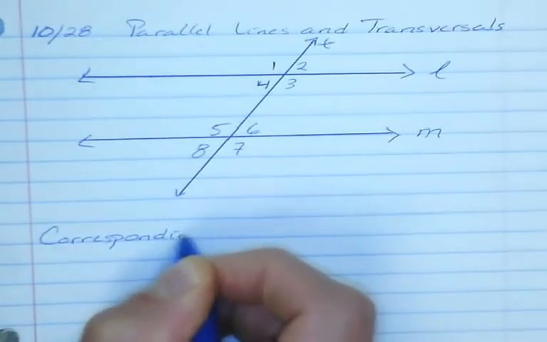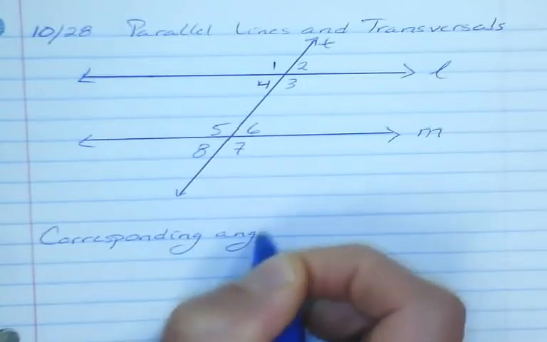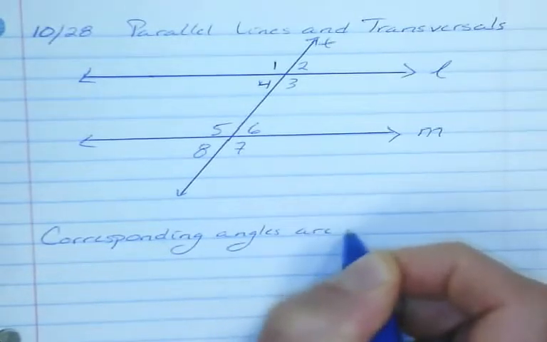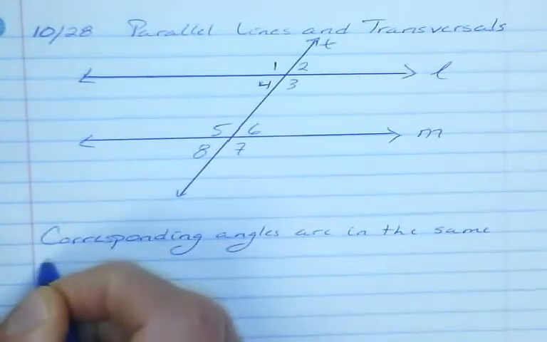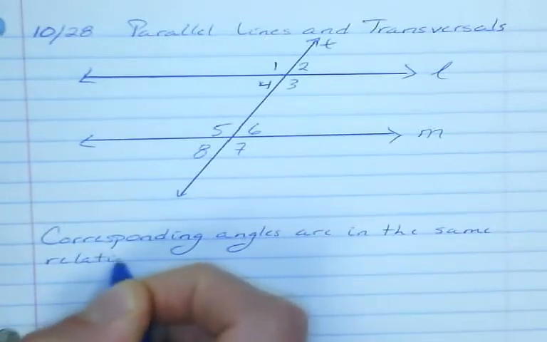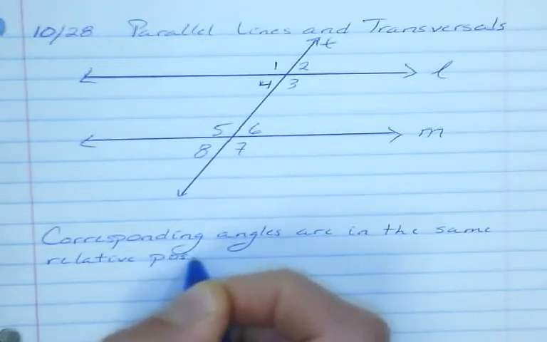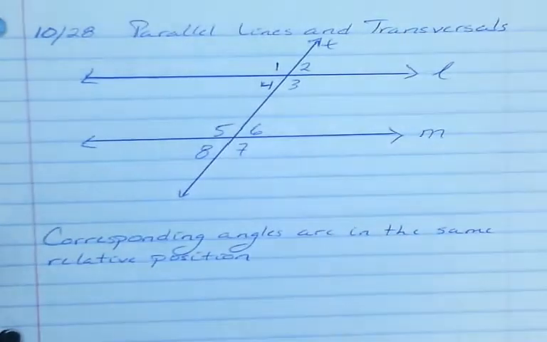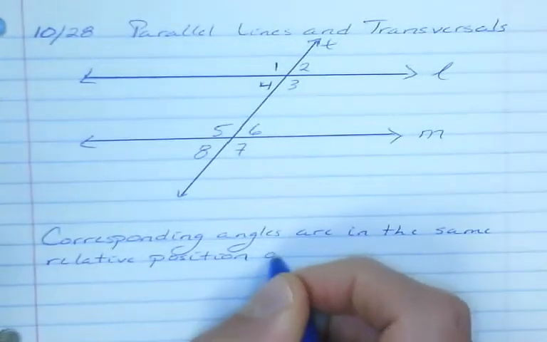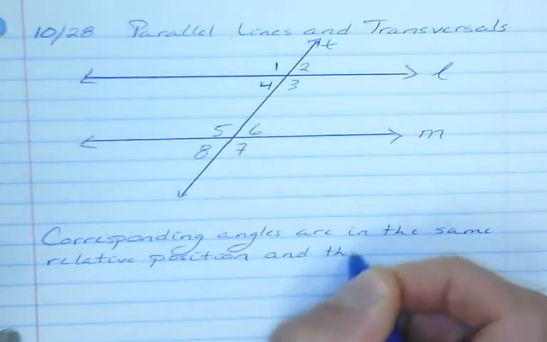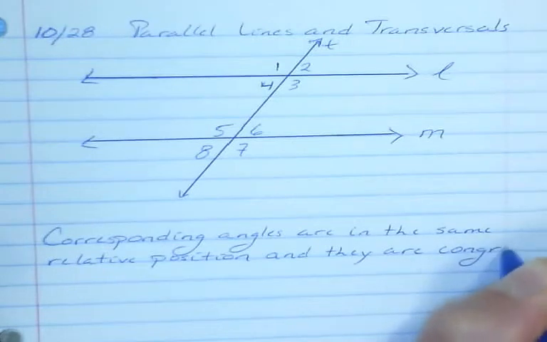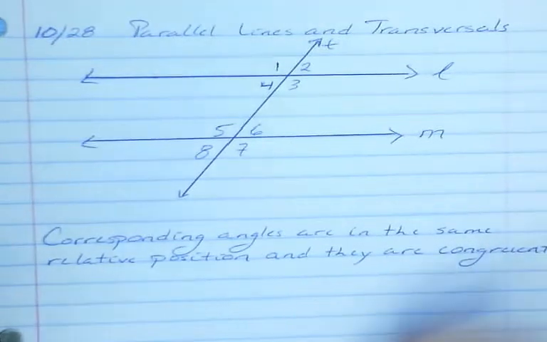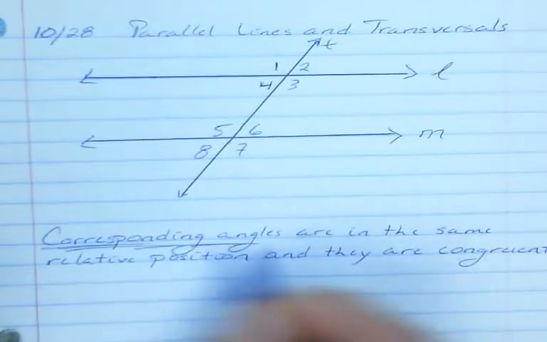We're going to say corresponding angles are in the same relative position and they are congruent, which means identical or equal. So our first term is corresponding angles. They're in the same relative position and they are congruent.